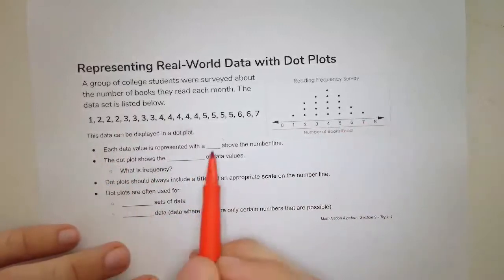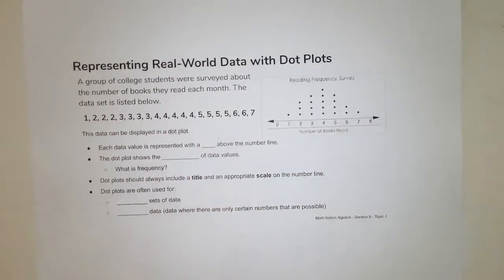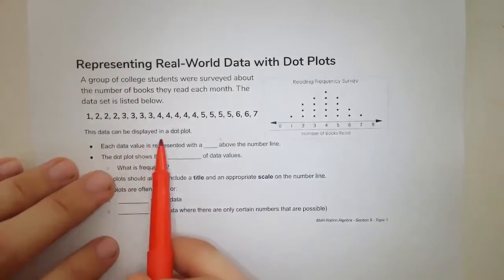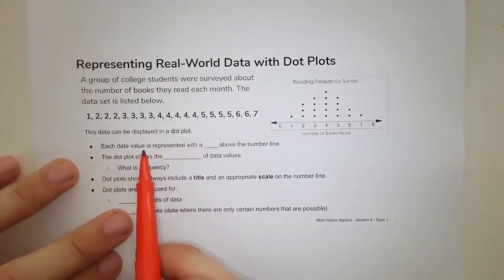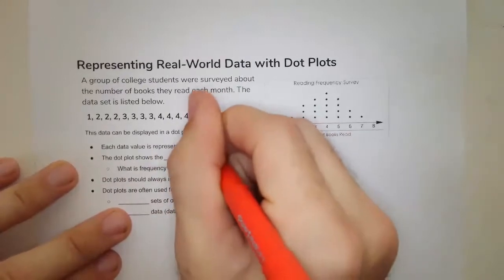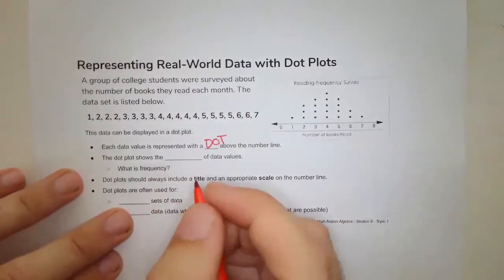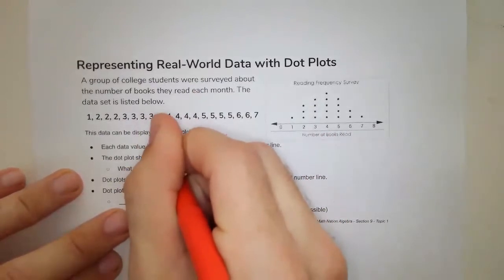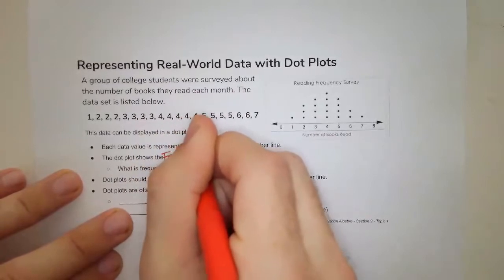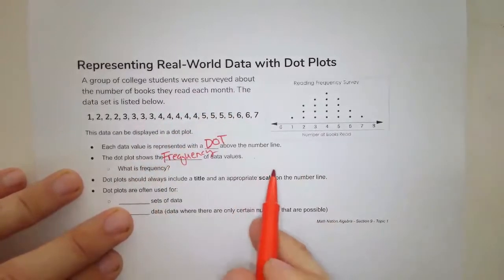So to go over a summary of what dot plots are. The data can be displayed on a dot plot. Each data value is represented with a dot above the number line here. The dot plot shows the frequency of data values.